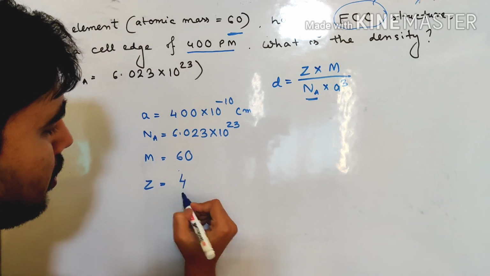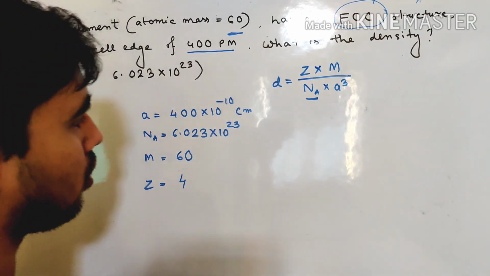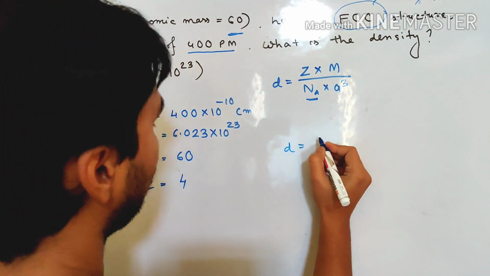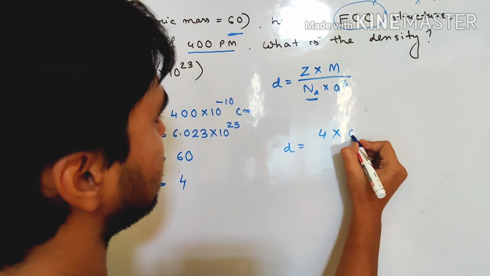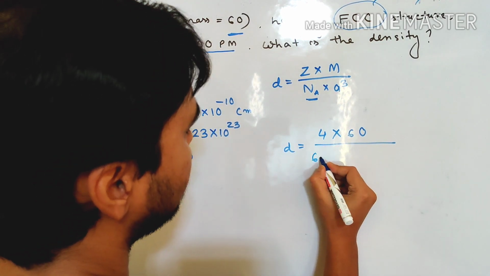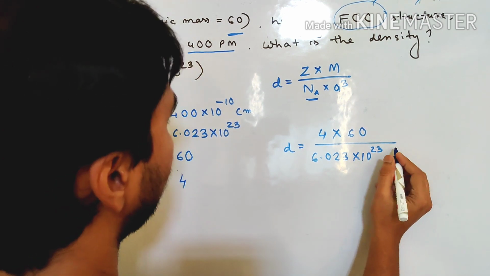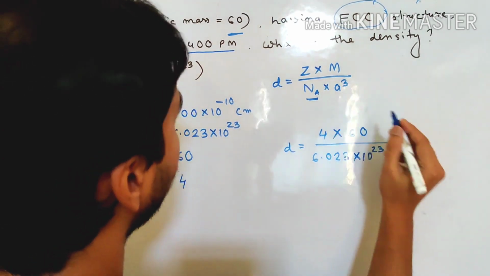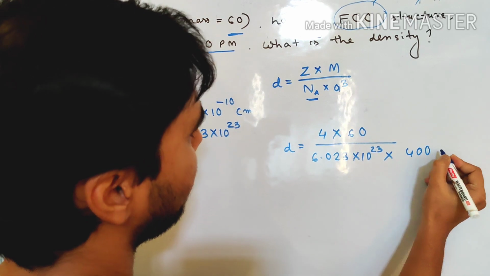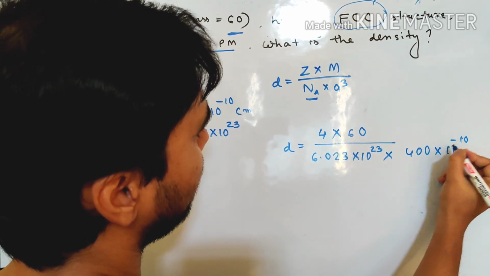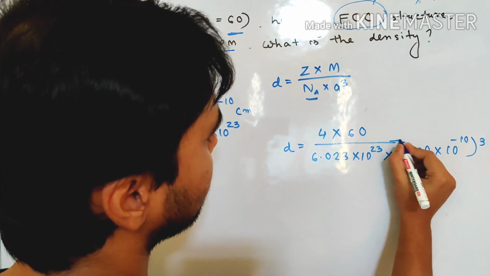So Z value should be 4. Now let us put all these values. D should be equal to 4 into 60 divided by 6.023 into 10 to the power 23 into A cube, remember, 400 into 10 to the power minus 10, this one should be cubed.